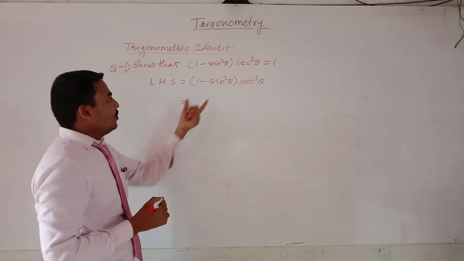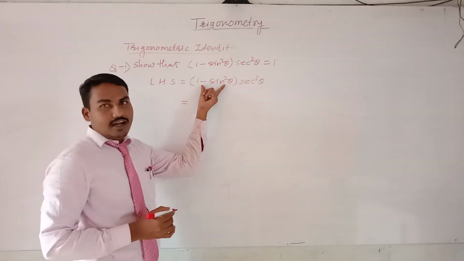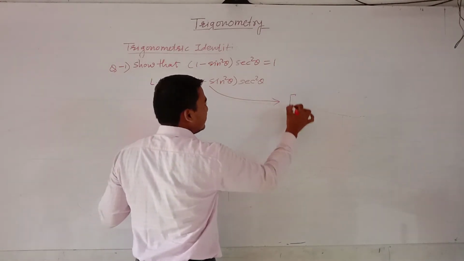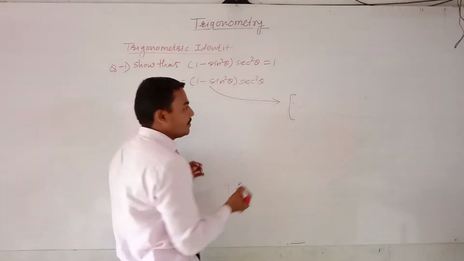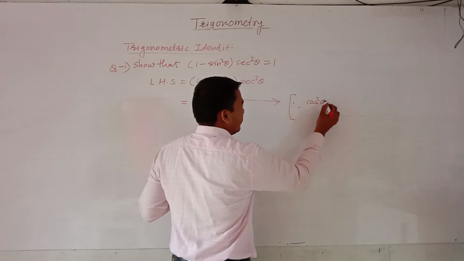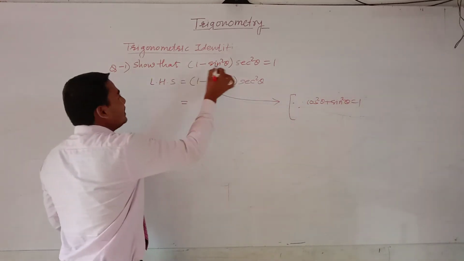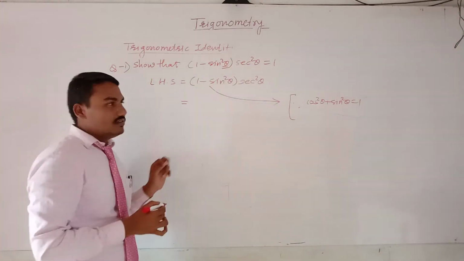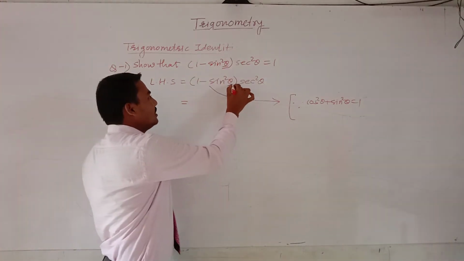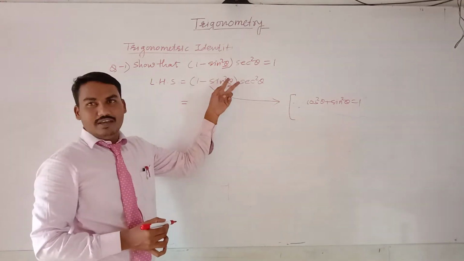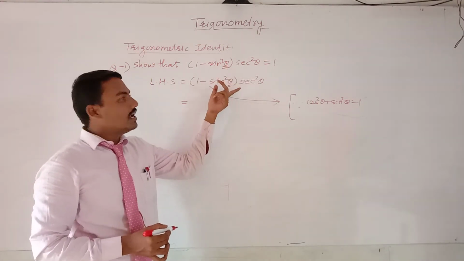Now 1 minus sin square theta, I want to calculate its value. I know that cos square theta plus sin square theta is equal to 1. Here theta is nothing but the angle. We can use any value: sin A, sin B, sin theta. So don't get confused.